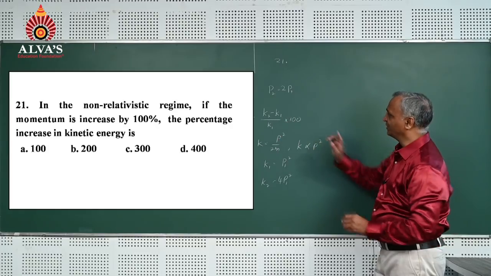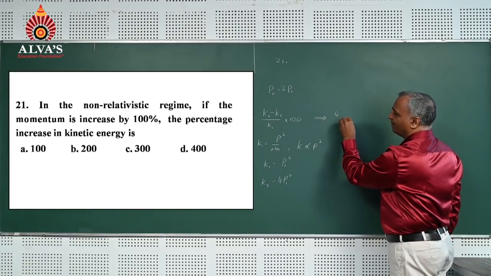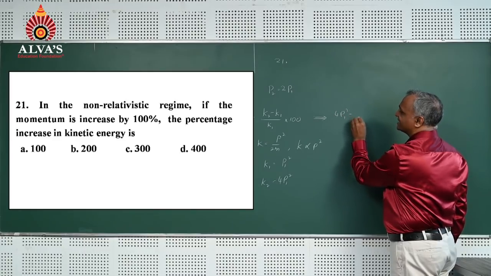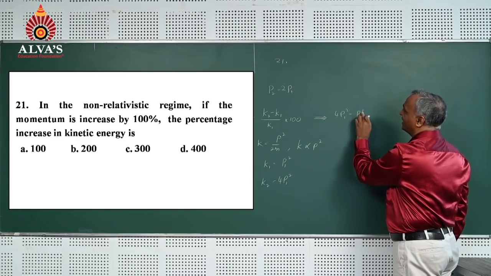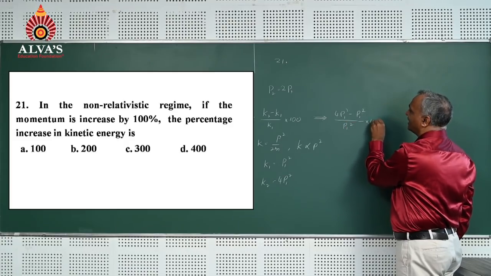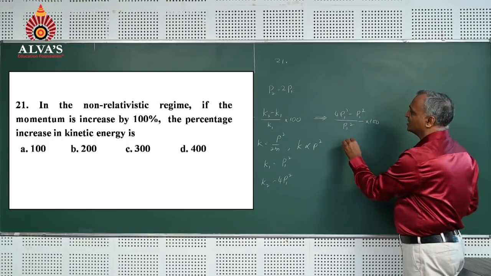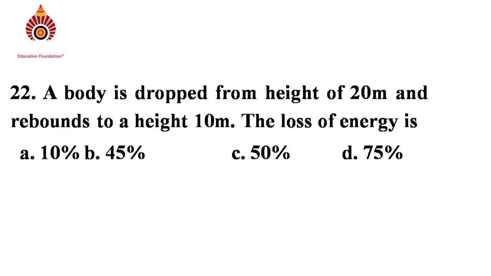Substitute it here: K2 minus K1, that is 4P1 square minus P1 square, divided by P1 square, into 100. So it becomes 4 minus 1, P1 square cancels, so I get 3. So you are going to get 300%. So I'll go for option C.